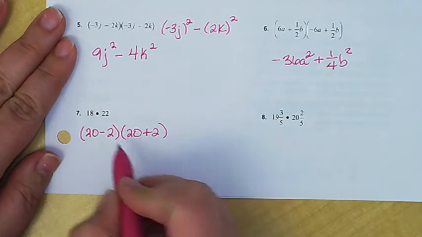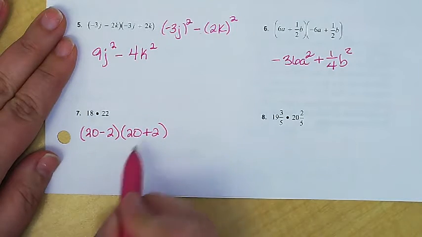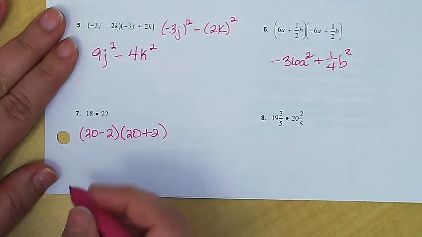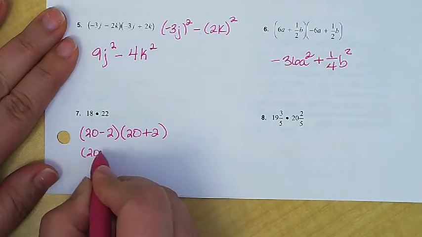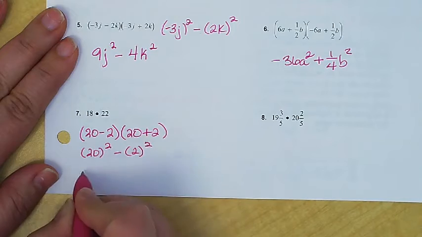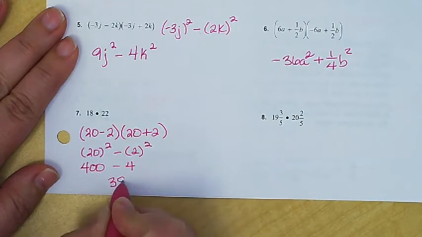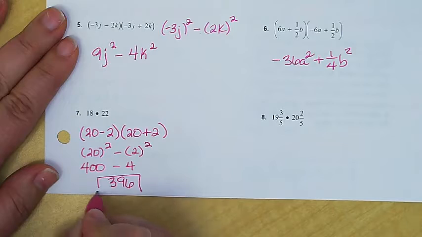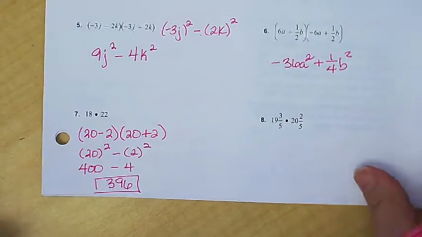So 18 is 20 minus 2, 22 is 20 plus 2. I now have a difference of two things that are the same here. So it's going to be the square of the first term minus the square of that second term. Well, that's just 400 minus 4. So 396 must be the product of those. Okay, we don't necessarily have to do a whole lot of those, but just so you could see that you could do it with numbers as well.